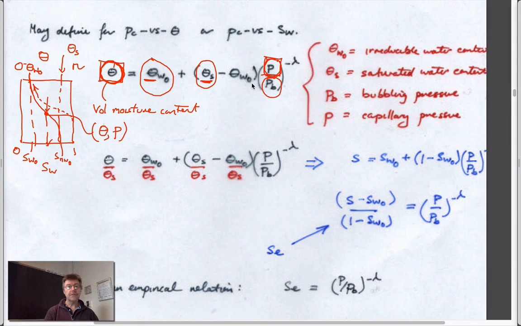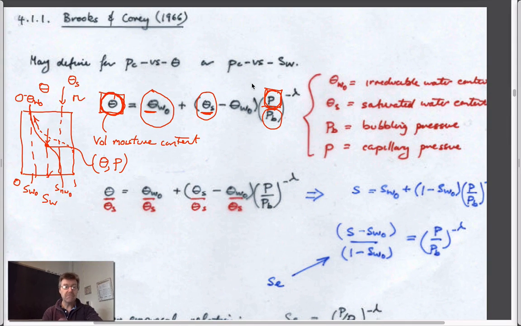And so the postulate of Brooks-Corey was that you could write an equation that represents the capillary pressure curves like this. If you divide everything through by this saturation phi s, which is in the equation below, then you end up with this expression.